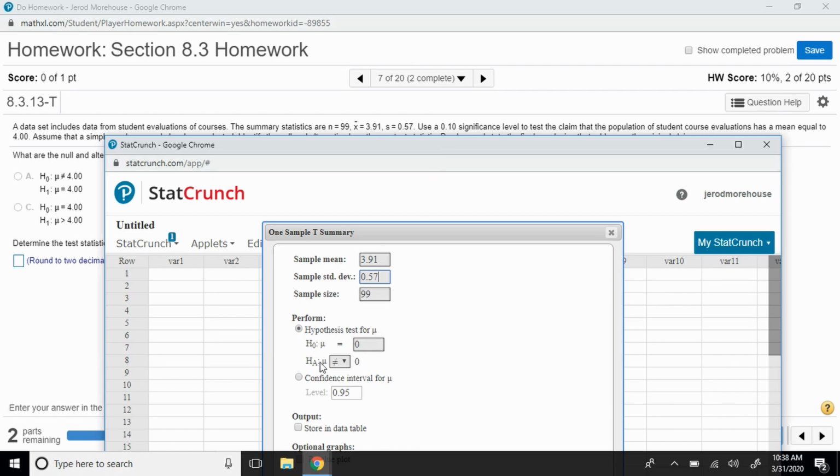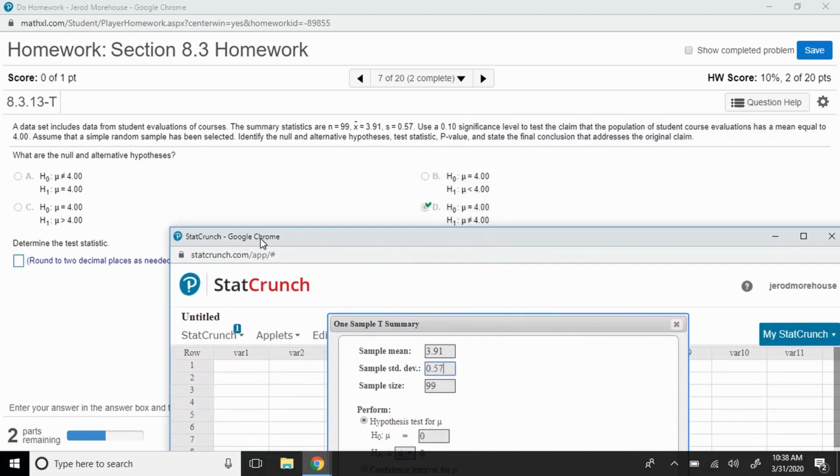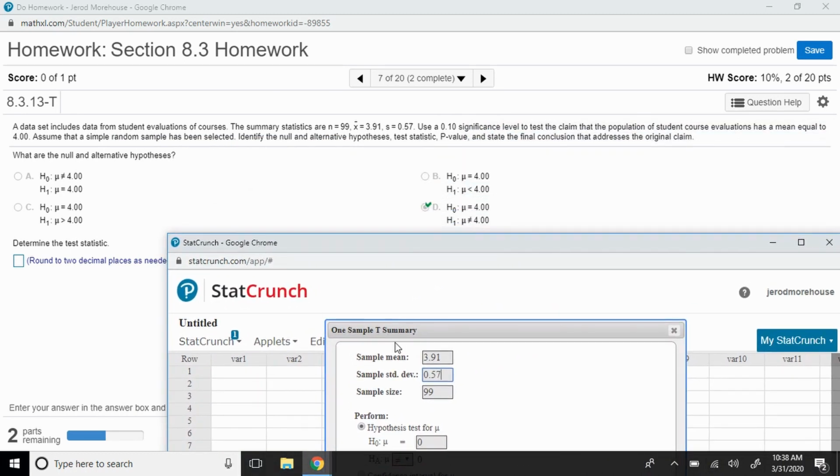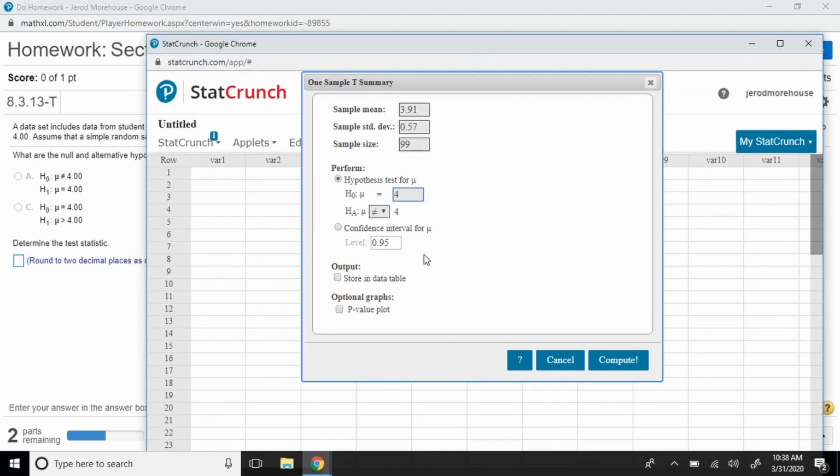Down here, I have to set my hypotheses. We said the hypothesis, let's lower this a little bit here, sorry, was that it equals 4 or is not equal to 4. So I'm going to type that in here. The null is that it equals 4. The alternative is does not equal 4, so that's already set. And then I can go ahead and hit compute. Let's do a p-value plot just for fun.